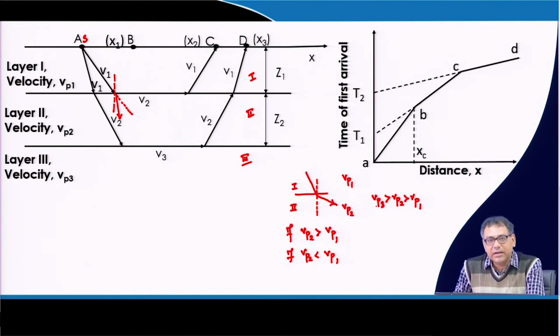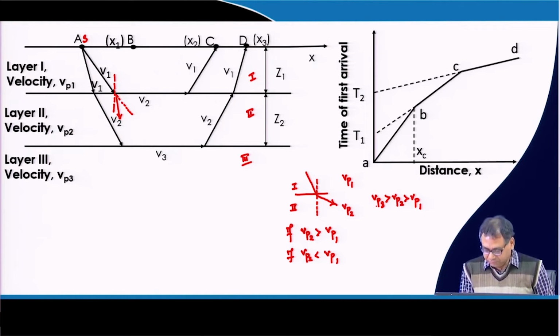This indicates that this survey will give us the proper result if the density of the soil layer increases as depth increases. That means the density of the third layer should be more than the density of the second layer, and the density of the second layer should be more than the density of the first layer. Then only I will get the good result.